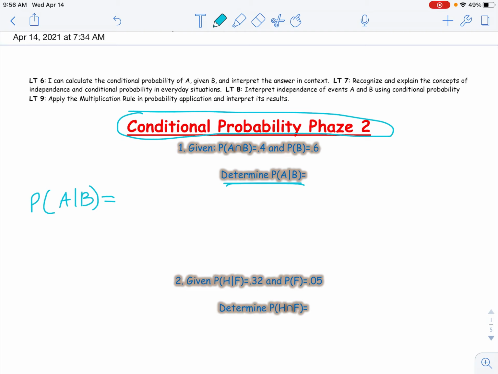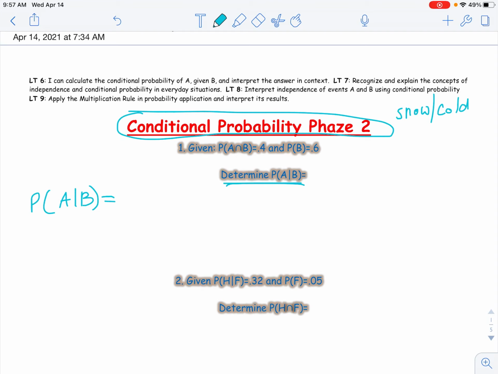Think about what's the probability it snows. I always like to talk about snow for some reason, given it's cold. Let's say it's less than 30 degrees out. Well, that's going to be different than the probability it just snows, because on any given day, the probability it snows is not that great. Given that it's cold out, the probability increases. It's more likely to snow in the winter, if you've never realized that.